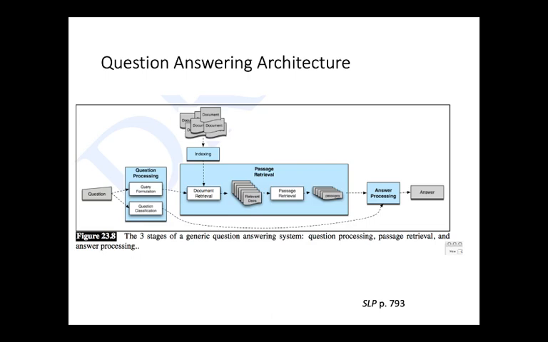Then we look through those documents. We divide those documents into passages, like paragraphs or sentences. And we find those sentences that have the highest cosine similarity to the query. So we end up with some passages. And we assume that the answer is in those passages. So we have some way of processing those passages to extract the answer.